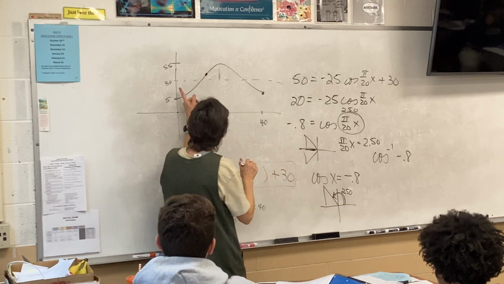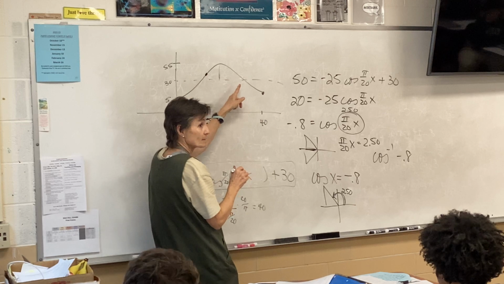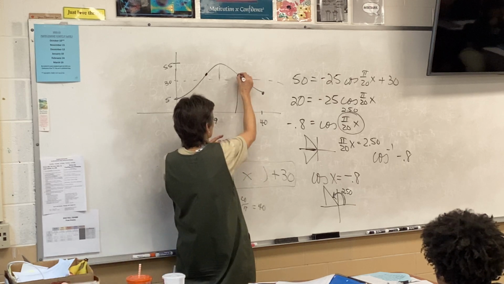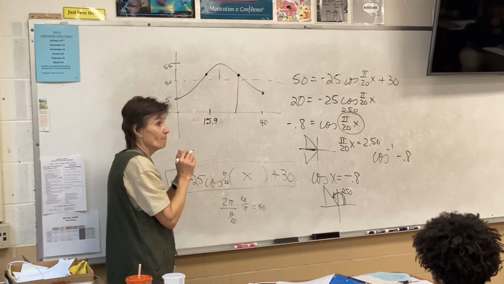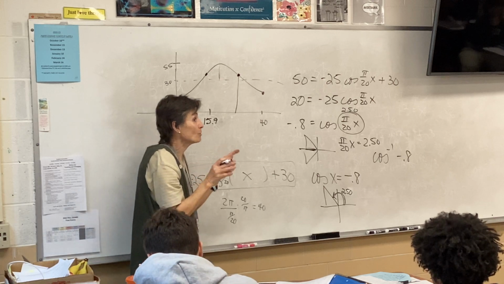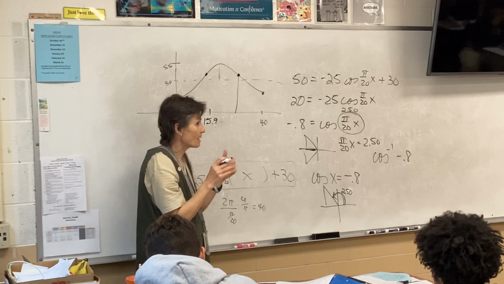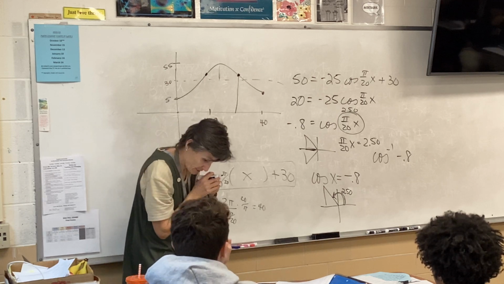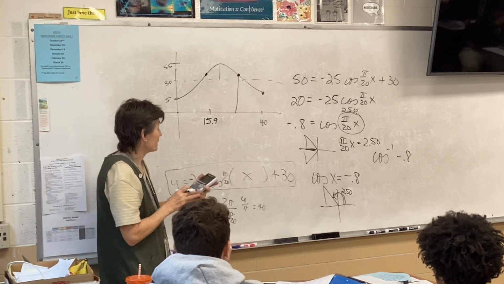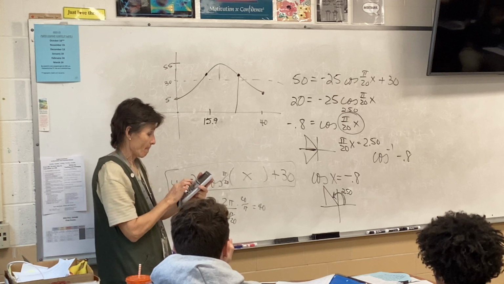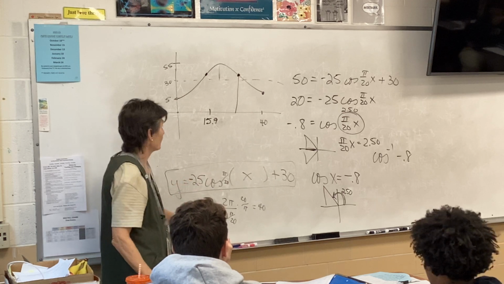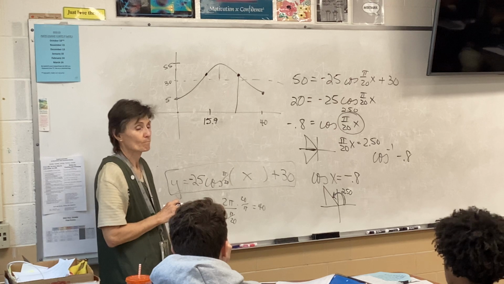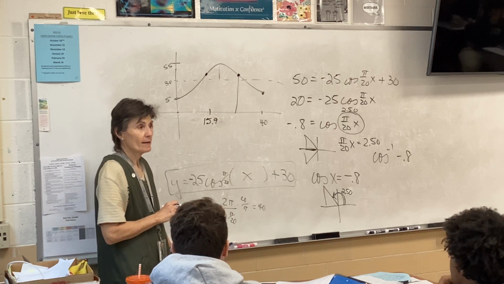Am I 50 feet above the ground someplace else? That would be right here, right? But the question doesn't ask me for both. It says, what is the first time I'm that high above the ground? And if I typed in everything correctly, that would be 15.9. Okay?